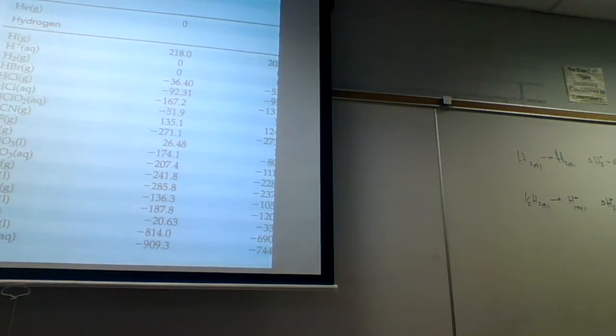This is going to come out to minus 167.2 kilojoules. So in this case, we're going to form a cation. We're going to form H+ because HCl is a strong electrolyte. Strong electrolytes are going to have H+ and Cl- in this case. And so here we're going to form 1 mole of 1 molar H+ and 1 mole of 1 molar Cl-. The delta H of formation for this is minus 167.2 kilojoules.